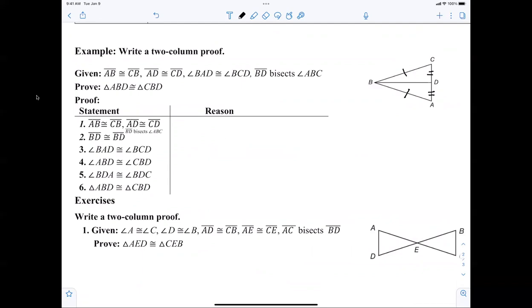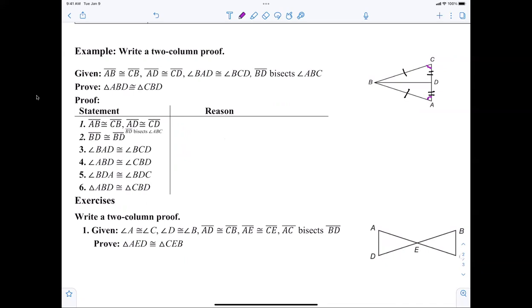And now angle BAD, this angle over here, is congruent to BCD, which is this angle right here. Everybody good with that? And now it says BD bisects angle ABC.